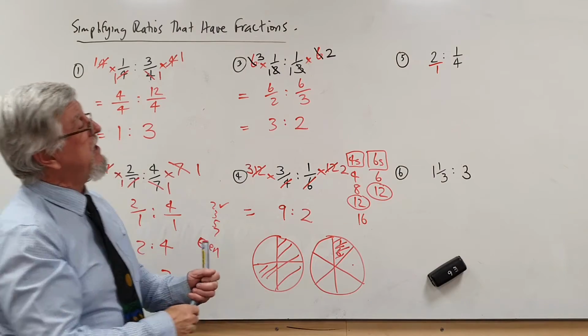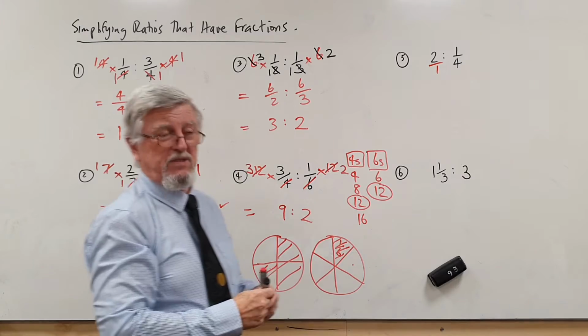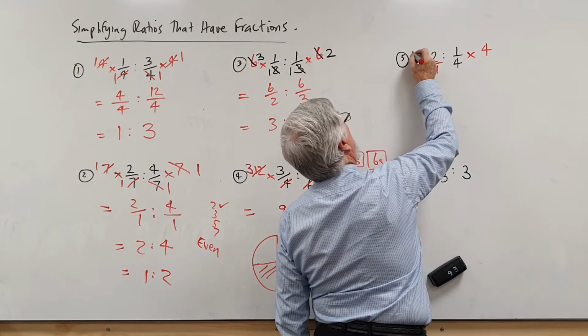Now you can look at it and go, I want to get rid of quarters, so how can I get rid of quarters? If I times this side by 4, I times that side by 4.